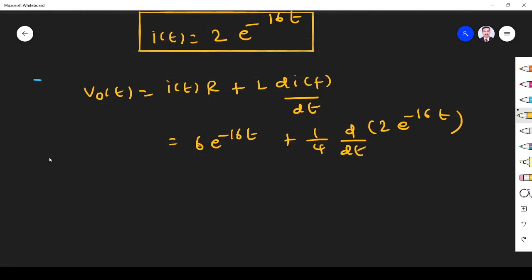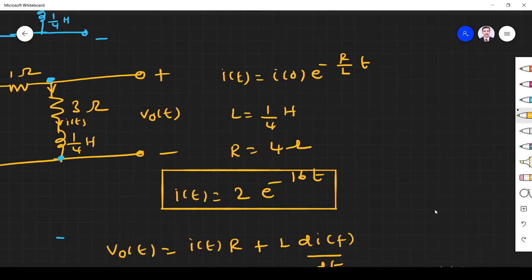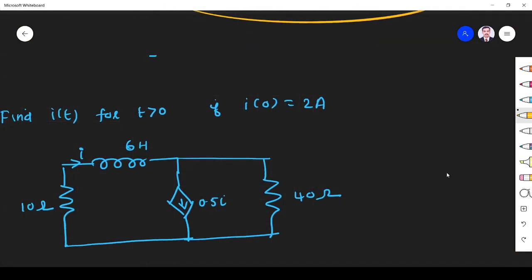If you simplify, what you get is minus 2 into e power minus 16 t volt. That is what Vo of t is for this problem. Very simple problem, right? Okay, next one.